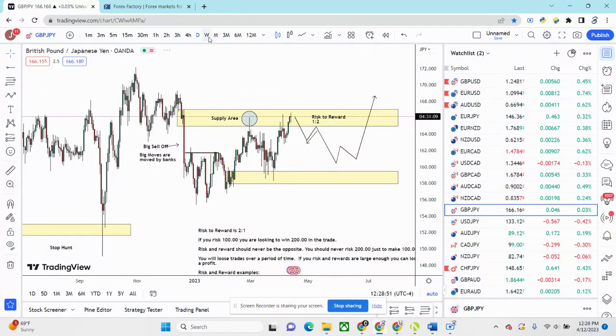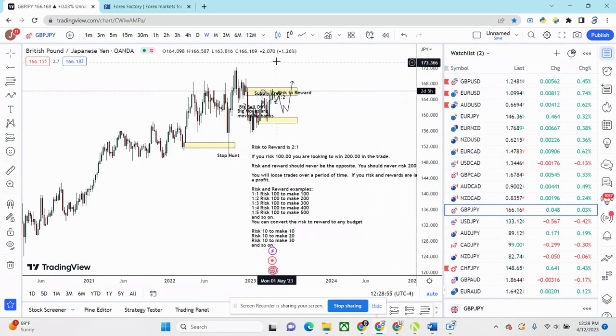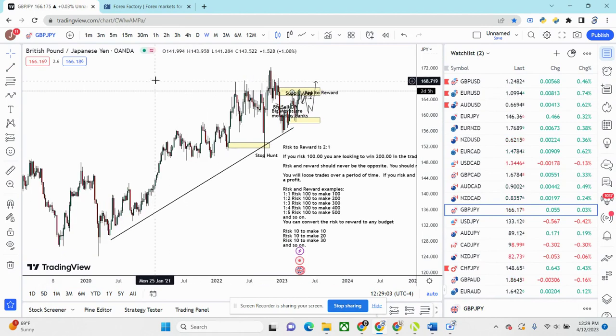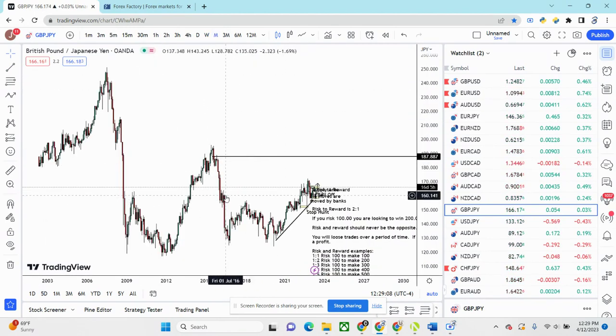And the only reason I say go up, just because if you look at the week, it's still kind of working on an uptrend. If you like to use trend lines, it's still kind of an up area. If you look at the monthly, still kind of in the middle.